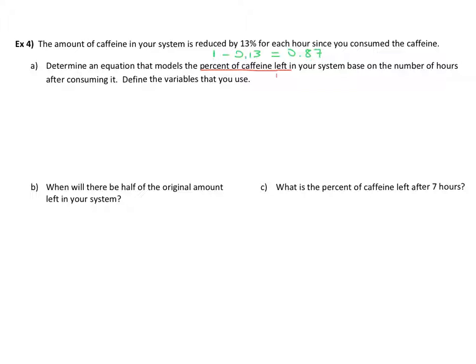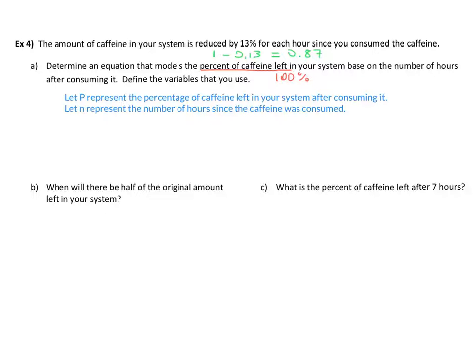When you first consume the caffeine, you've got 100%. We'll assume we start with 100% in the system, and then it's reducing by 13% every hour. All right, so you need some let statements for your variables, and then you can come up with an equation.